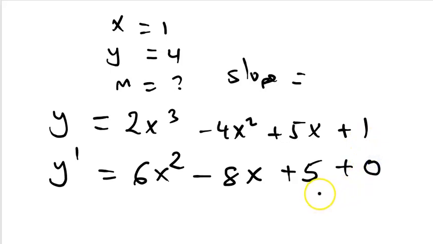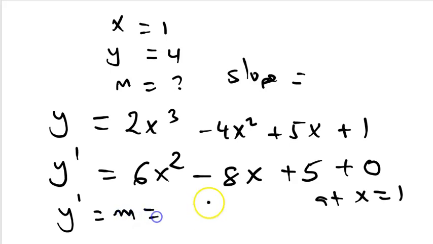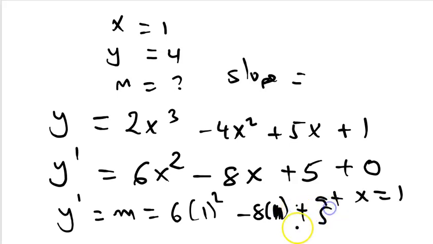So you evaluate this derivative at the point x is equal to 1, which is the value that is given. So y prime, which is the same as m, is equal to 6 times 1 squared minus 8 times 1 plus 5.